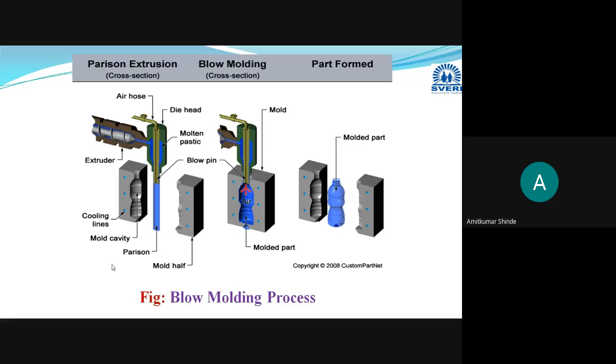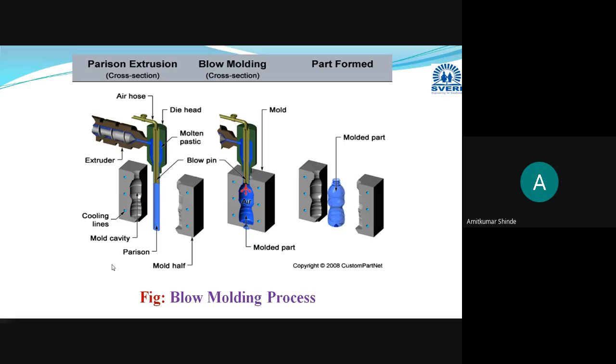Simply you can judge that whichever plastic bottles are there for drinking water, cold drinks, or suppose some storage tank for water, or jars, all these components are manufactured with the help of blow molding. Whichever hollow components are there, these are generally manufactured with the help of the blow molding process.